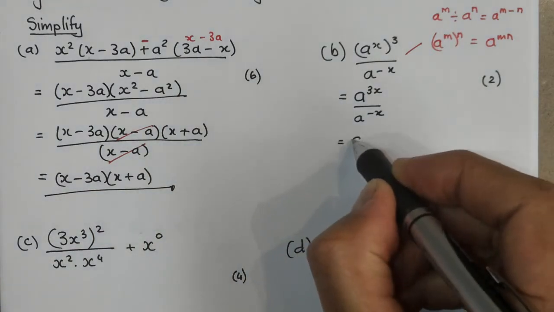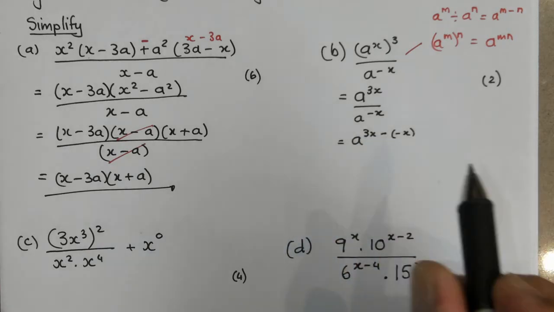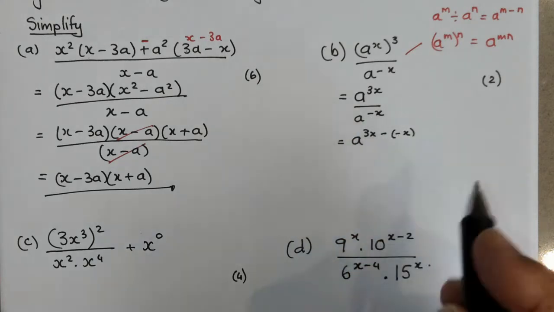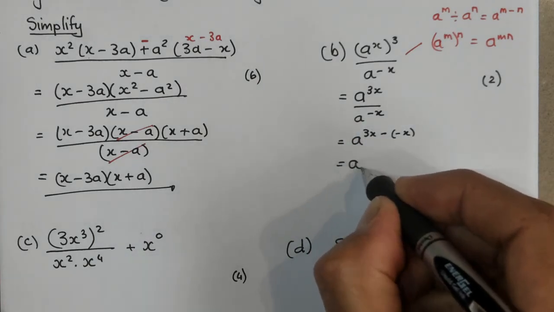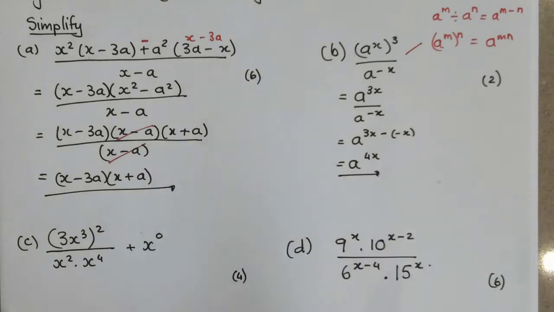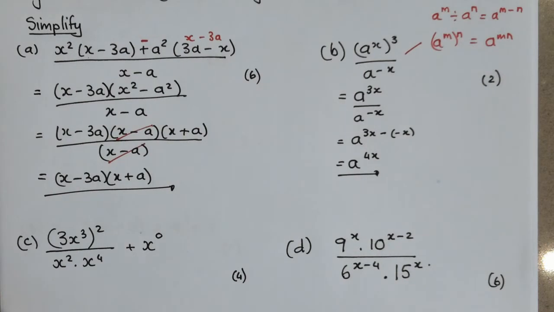So I get a to the 3x, be careful, minus x, that's a negative x. Minus times a minus is a plus, and I end up with a to the 3x plus x is a to the 4x. Beautifully simplified for 2 marks.